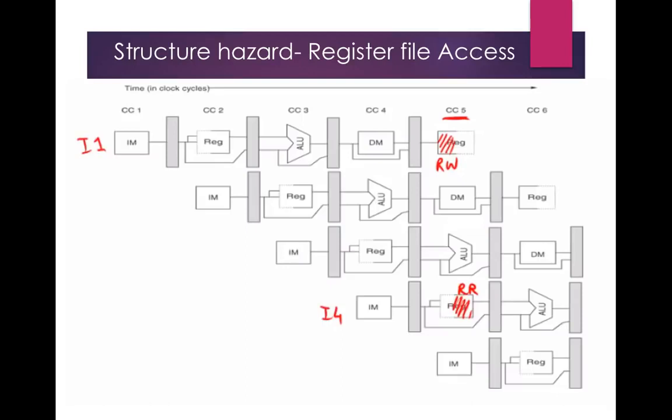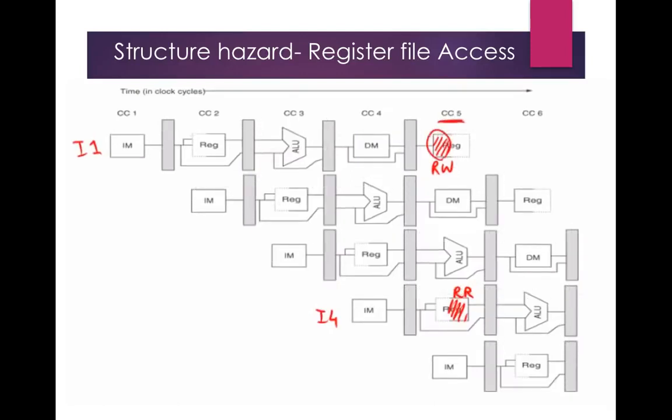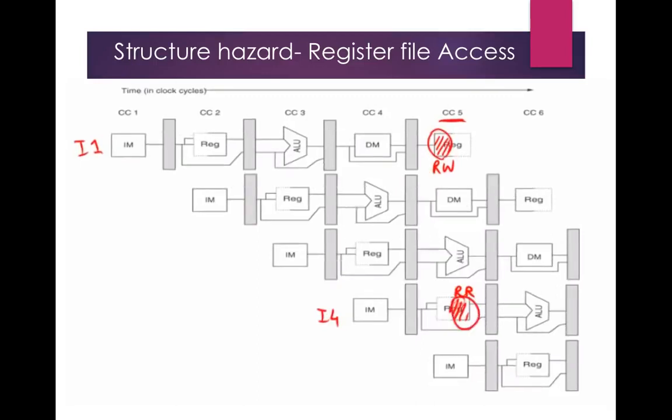During the decode part the register will be free, so that is the time we allot for register read. So this is how we can resolve the resource conflict of register read and write happening at the same clock cycle. Got it? So there is no conflict during clock cycle 5.